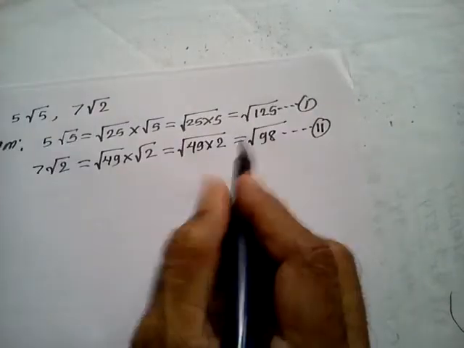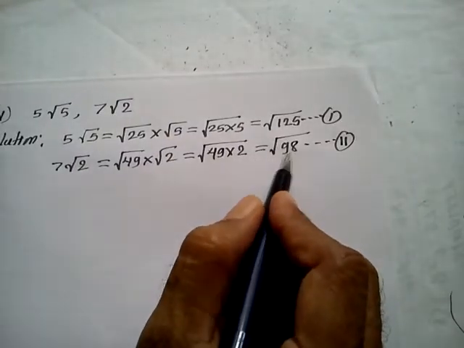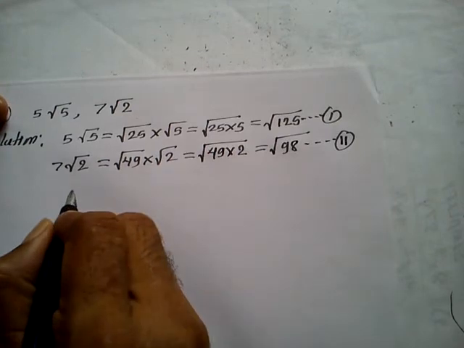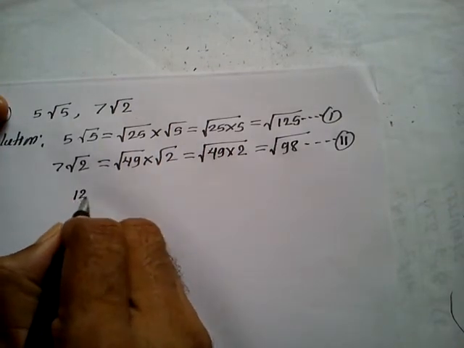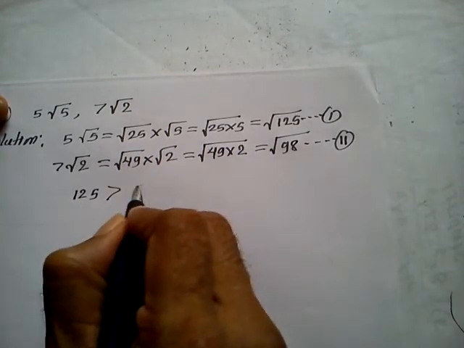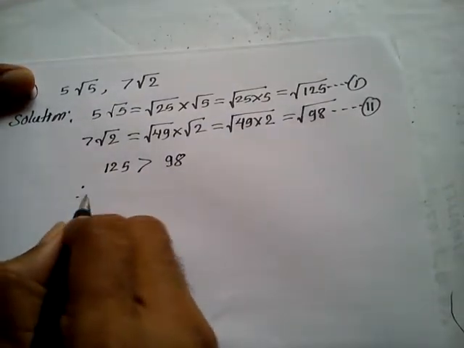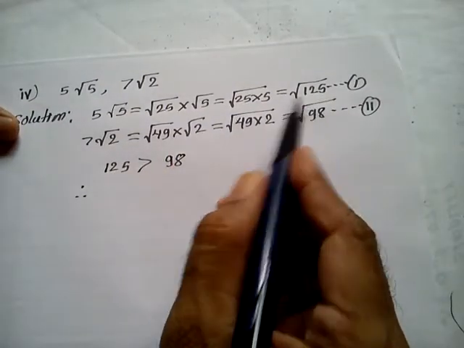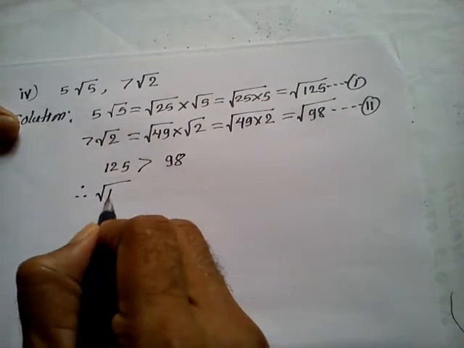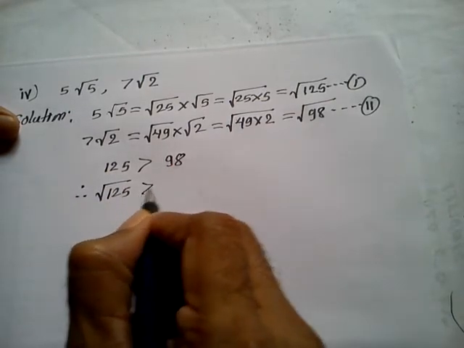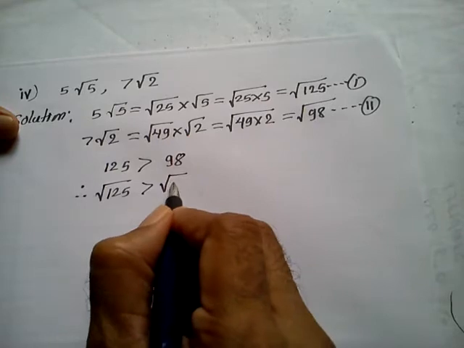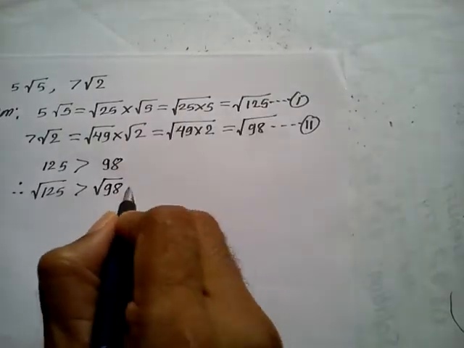Which one is greater? 125 is greater, 98 is smaller. 125 greater than 98. Therefore square root of 125 is greater than square root of 98.